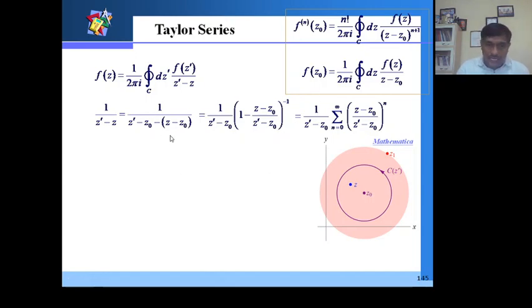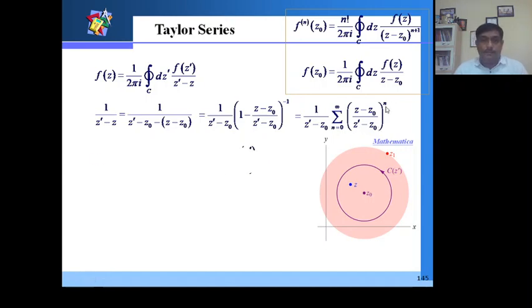Here 1 by 1 minus x form, you must remember. That is directly summation of x to the power n, using the same as what we did in real analysis. That form 1 by 1 minus x is a geometric series that can be expressed as summation n from 0 to infinity of z minus z naught divided by z dash minus z naught to the power of n.